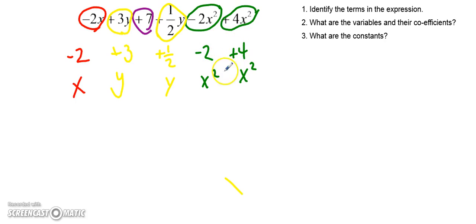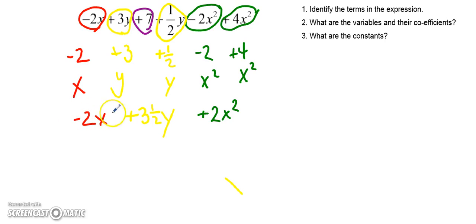What is a -2 plus 4? It is a +2 x squared. I took those two terms and rewrote them as 1. Same thing here. I got 2 y's. I can rewrite it as a +3 1/2 y. For my x variable, I can't combine it with anything because it's the only one of its kind, so I get -2x.